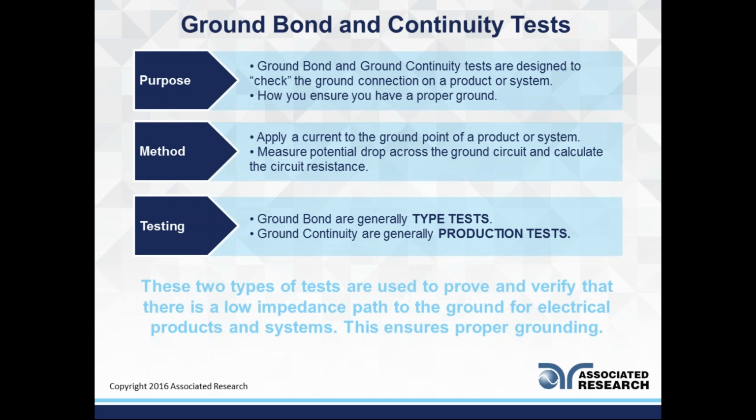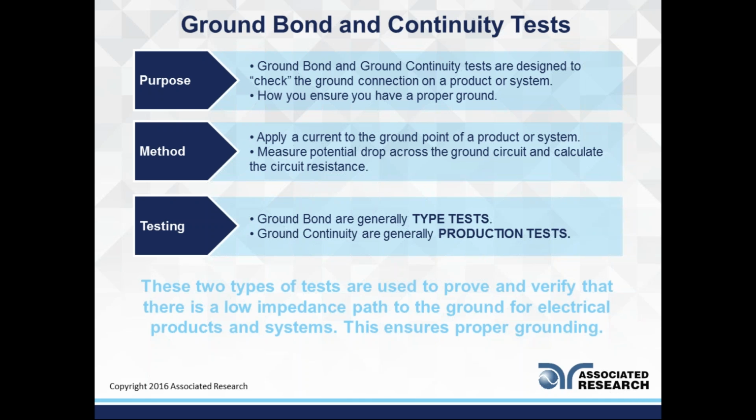Apply a current to the ground point of a product or system. You measure the potential drop across the ground circuit and calculate the circuit's resistance. So in the standards they're called out: you need a certain amount of voltage, and the voltage drop across the resistance of your ground is how you identify the amount of current going through and the allotted resistance you're allowed to have per the standard.